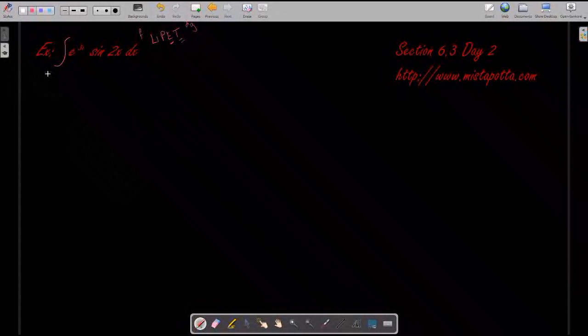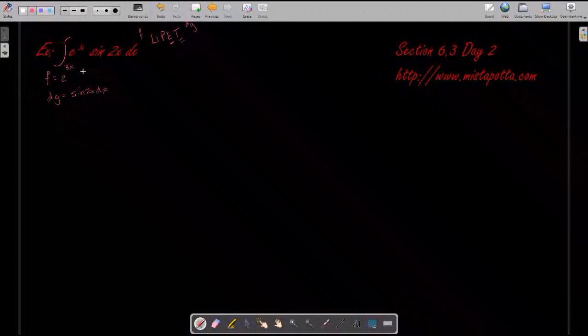So for our problem, f is going to be e to the 3x, and dg is going to be sine 2x dx.